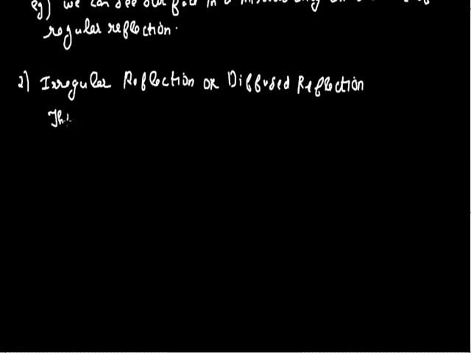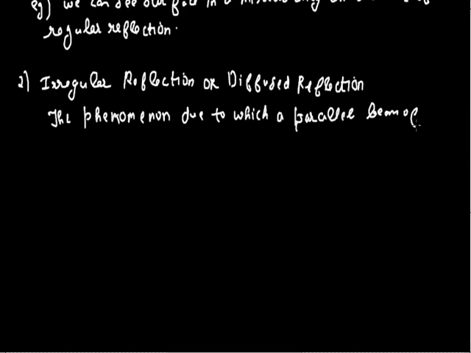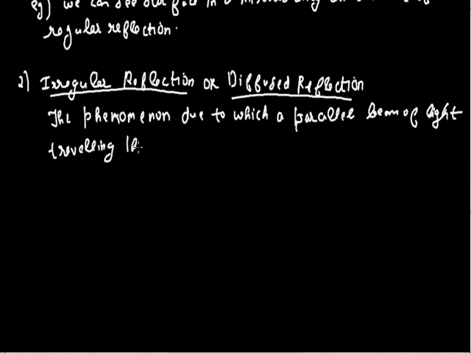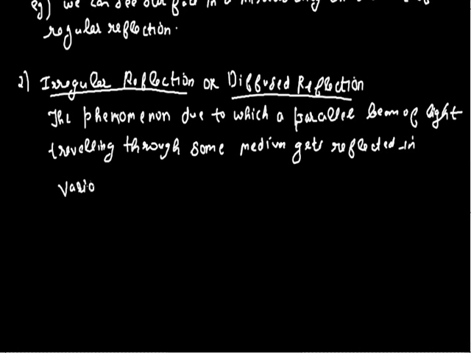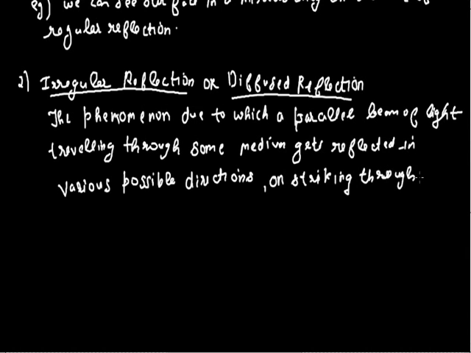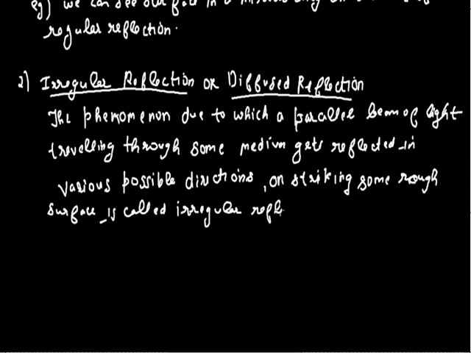The phenomenon due to which a parallel beam of light traveling through some medium gets reflected in various possible directions on striking some rough surface is called irregular reflection.